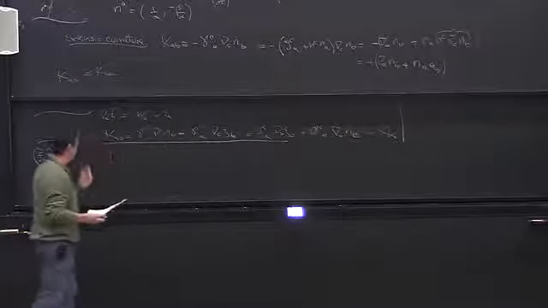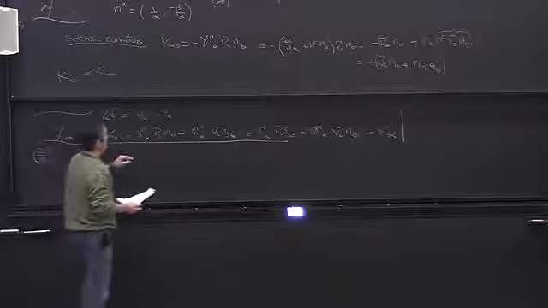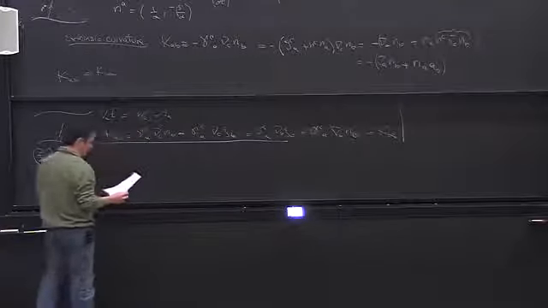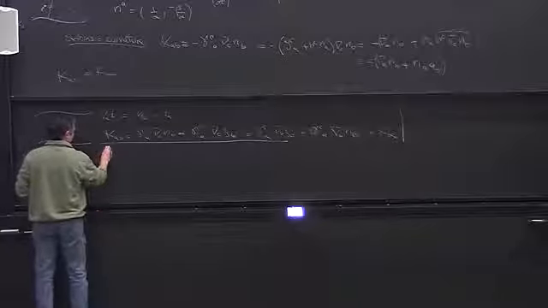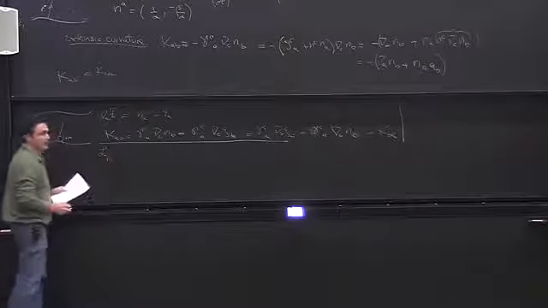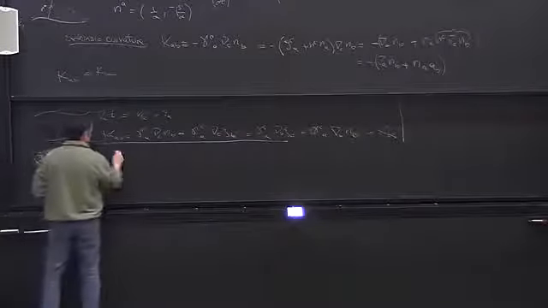And there is one more thing we can do, which is to write K in a slightly different form. So let's consider the Lie derivative along the vector n of gamma AB.